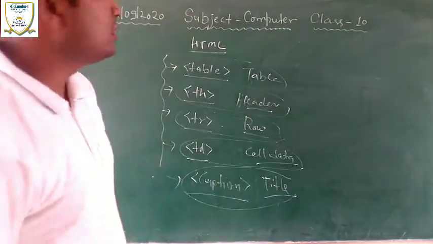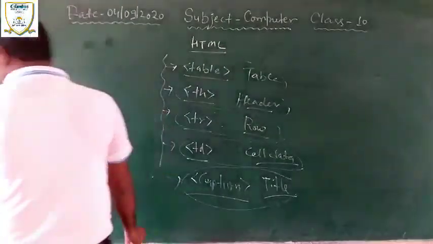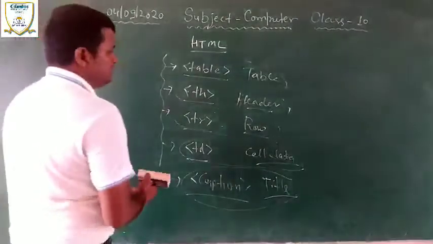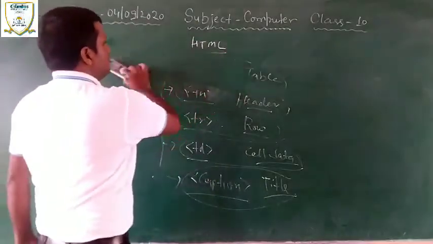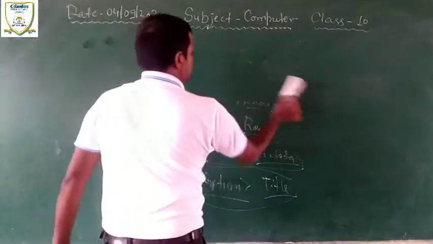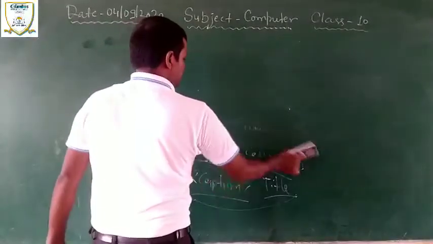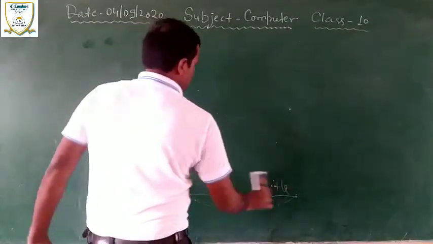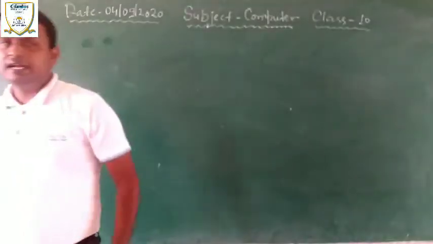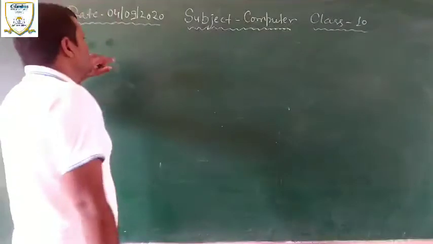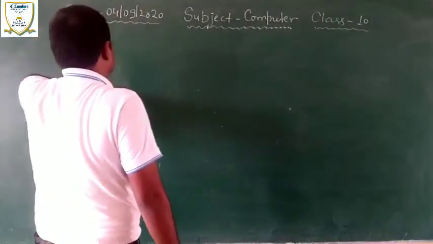So students, when you clear the concept of the table tags, then we create a simple table with two rows and two columns. Listen.